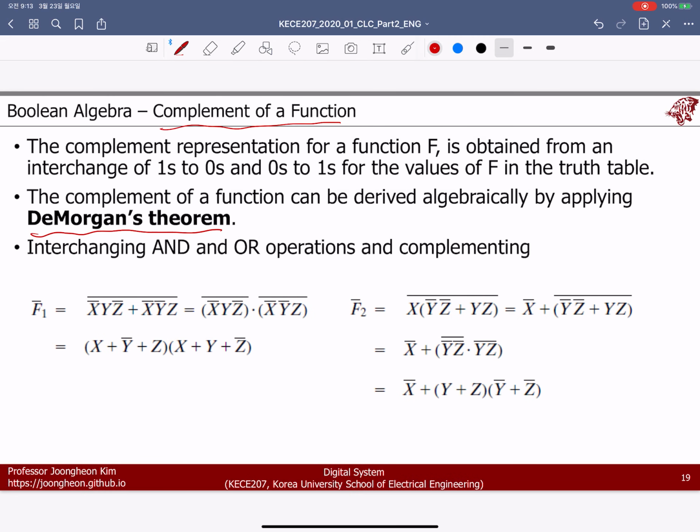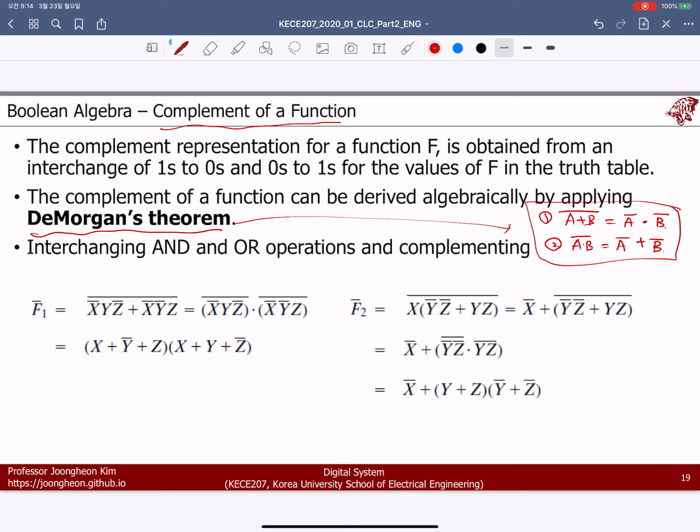In De Morgan's theorem, number 1: when you have a plus b complemented, it becomes a complement multiplied by b complement. And number 2: you have a dot b complemented, and this becomes a bar plus b bar, okay? So this is De Morgan's rule, De Morgan's theorem.